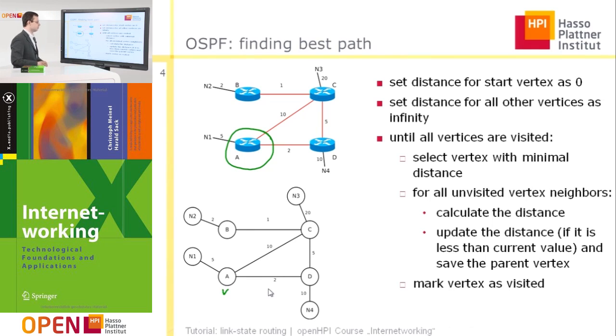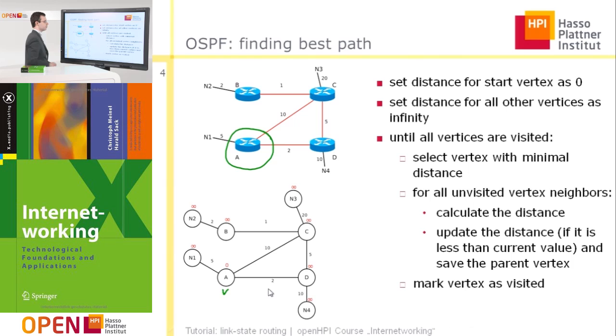First of all, router A should set the distance for the start vertex, which is router A itself, to 0, and set the distance for all other vertices to infinity. And then router A goes through all unvisited vertices.